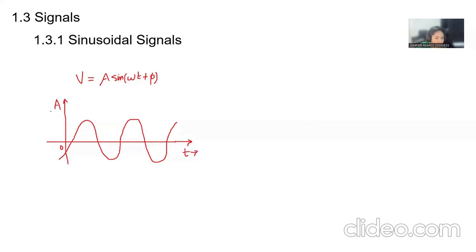No, that's not right. This is not the amplitude.